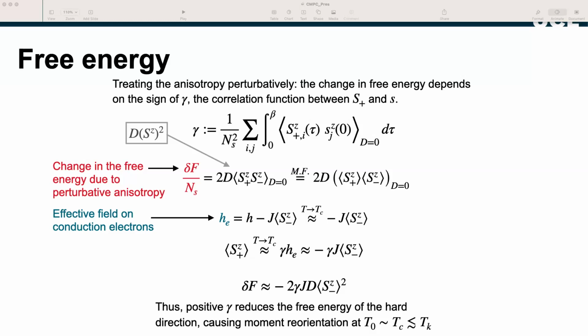We do an asymptotic expansion, and you can do a mean field decoupling on this. You get just the product of the expectation values, and then you rewrite S plus using these steps, so you consider the field on the conduction electrons, which is H minus J S, and then you assume that you're close to the ordering temperature.